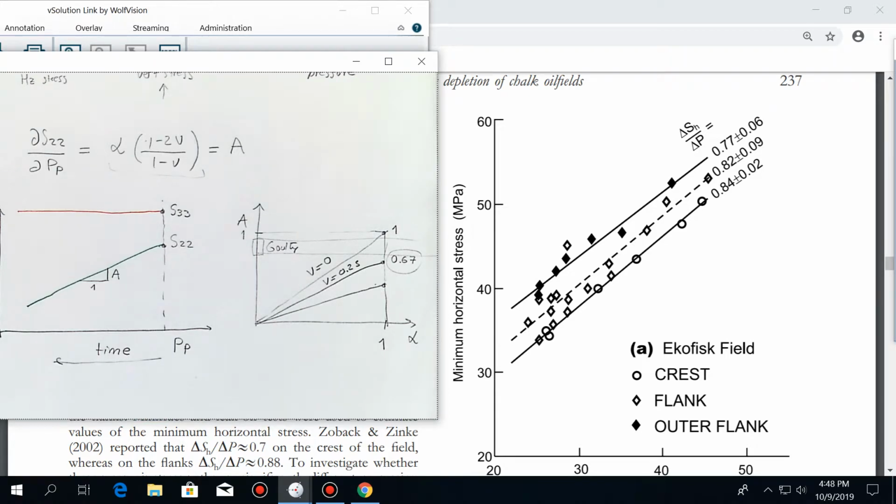Fracking, like in which sense? Because when there's a depleted area, the fractures that are nearby will tend to go to the lowest. Correct.